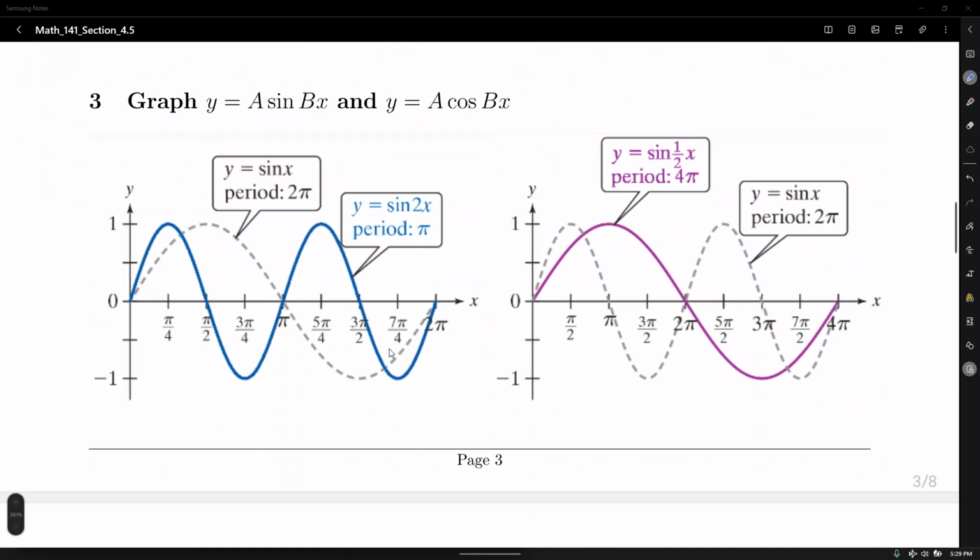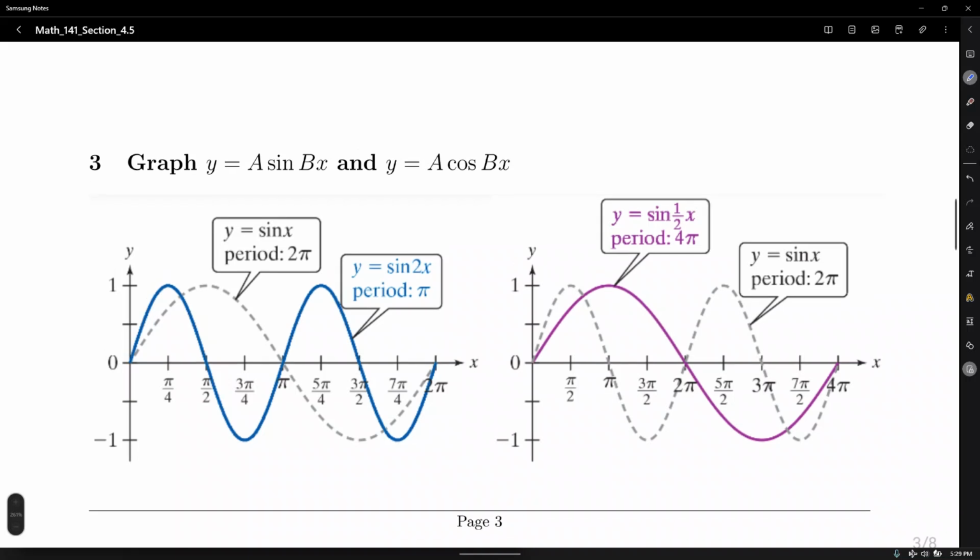So graphing y equals a sine bx and y equals a cosine bx. Now notice that unlike the previous examples, here on top of having these a's in the coefficients, now we have these coefficients b's inside the angles of the trigonometric function.